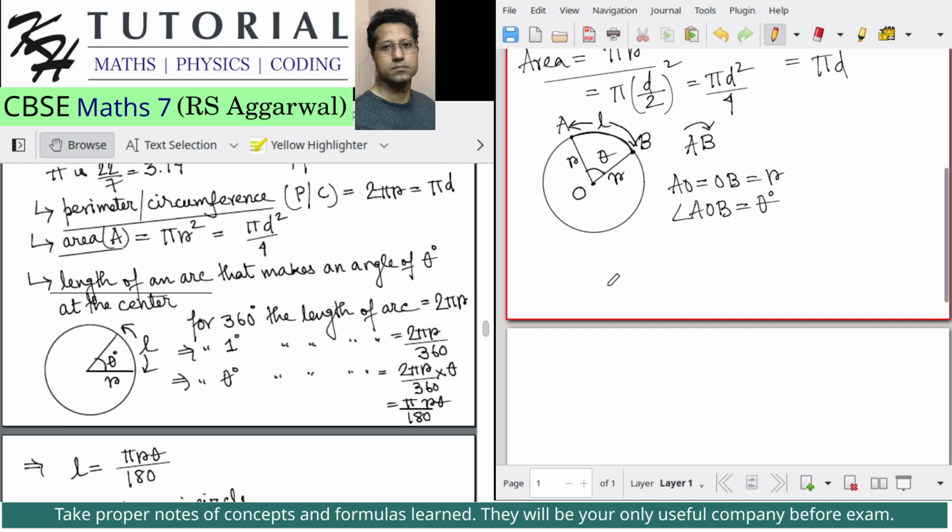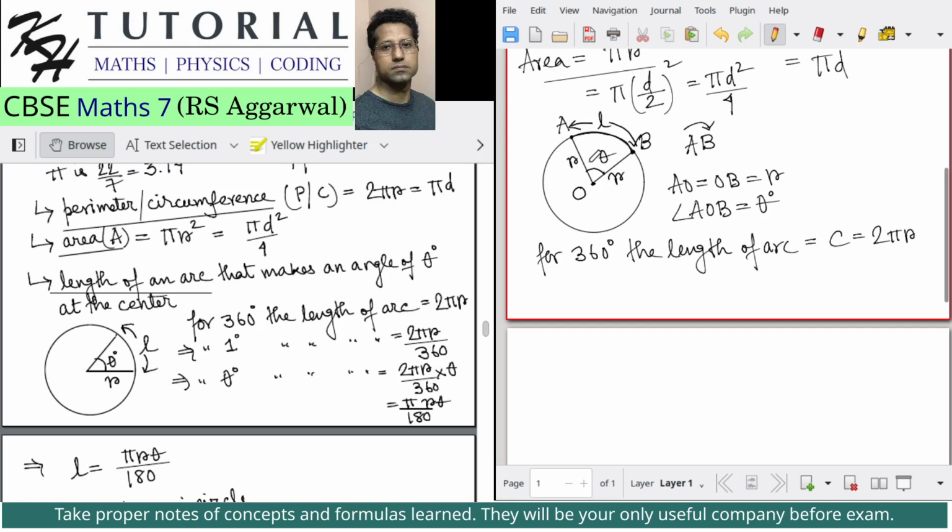We know that for 360 degree, the length of the arc is equal to the circumference, which is 2 pi r, where r is the radius of this circle.